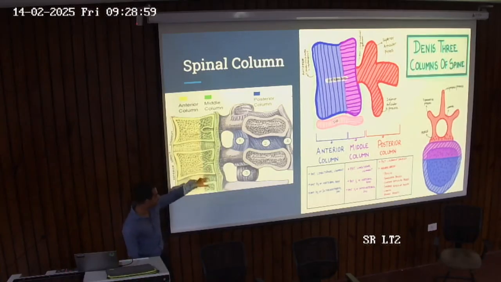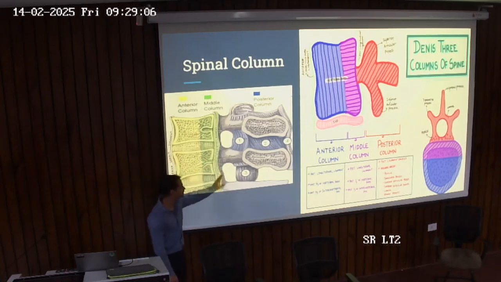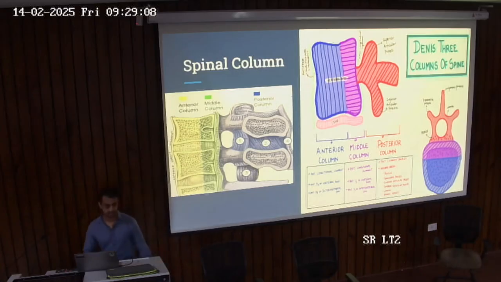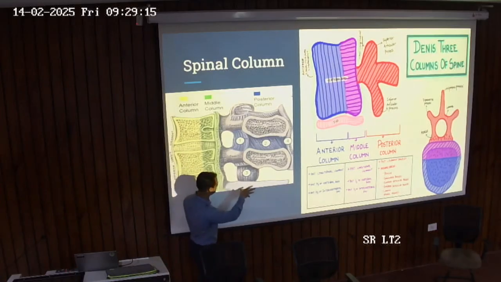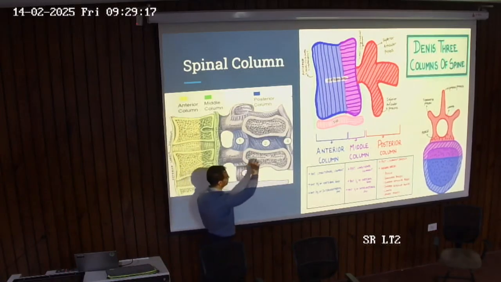Now what does that include? Posterior one-third of the vertebral body, posterior one-third of the intervertebral disc, and the posterior longitudinal ligament. And now the rest of the structures which are behind the posterior longitudinal ligament, the posterior column, include what?